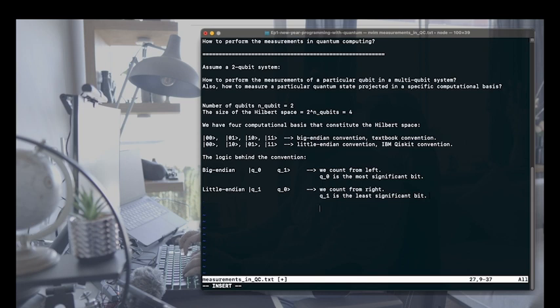This is very important when we perform matrix multiplications and also perform the tensor operations.